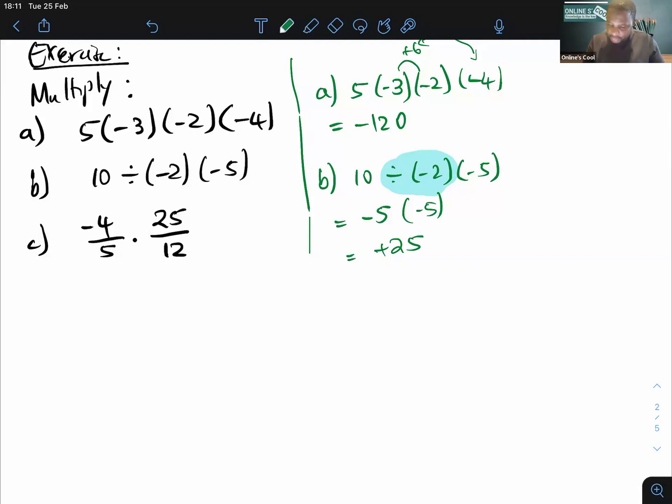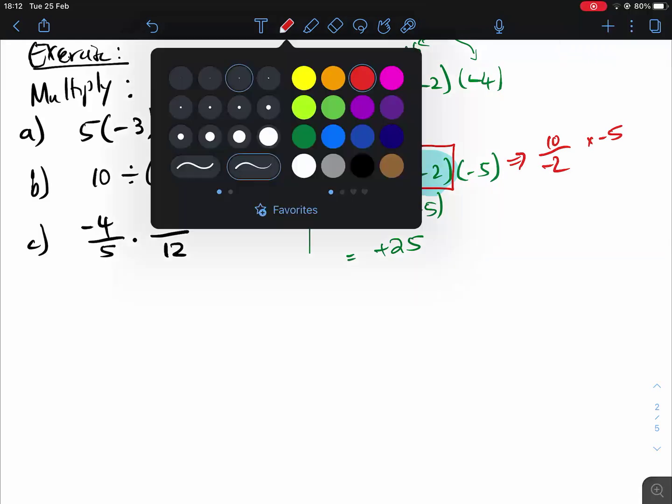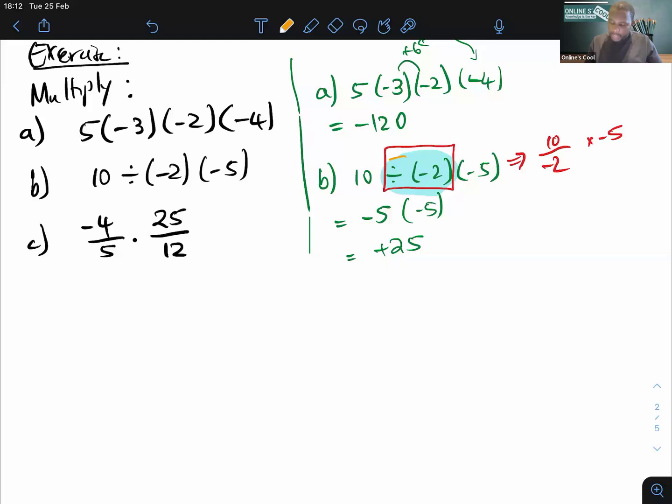And in this case, essentially, the divide ends here. If I was to rewrite this, I could rewrite it like this. Correct? So one of the mistakes that many students make is to assume that all of this is like this.